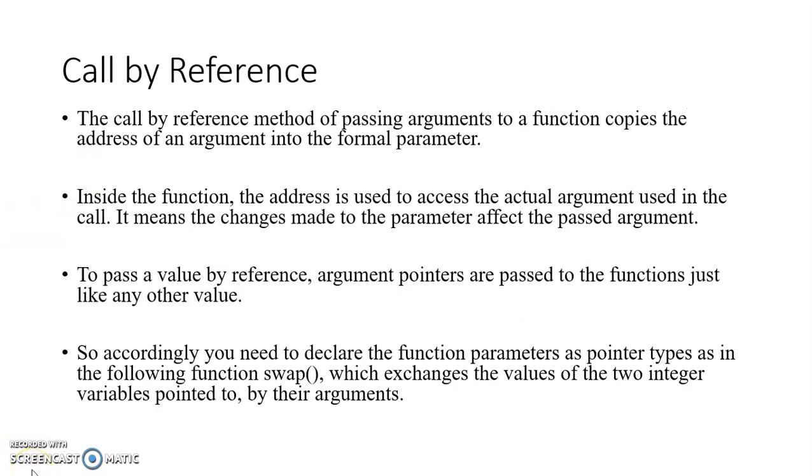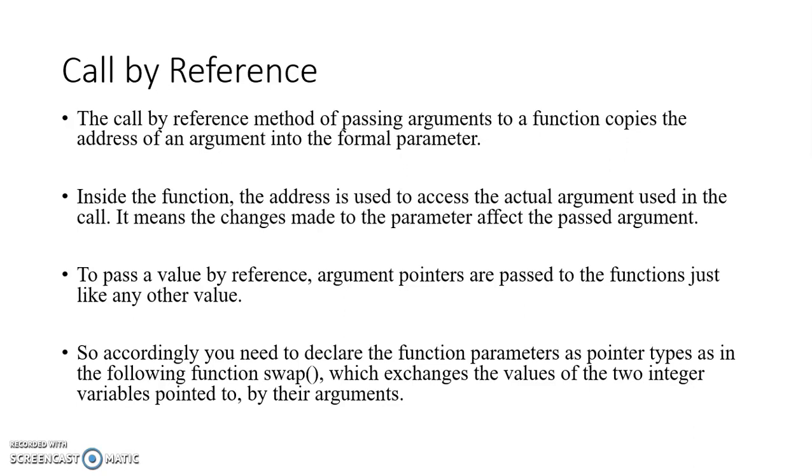Now next we have call by reference. So what exactly is call by reference? Here we are using the concept of a pointer. As we know, a pointer stores the address of another variable. So call by reference passes the argument to the function by copying the address of the argument into the formal parameter.